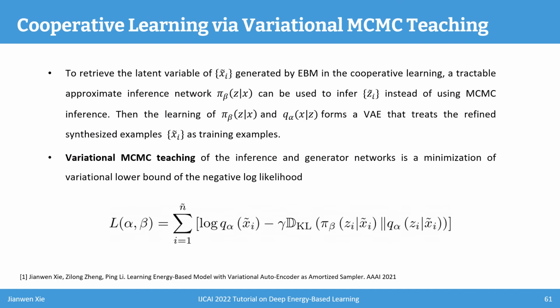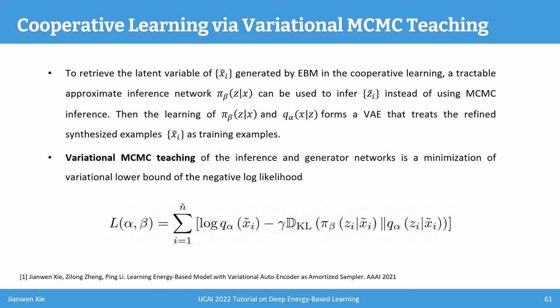In the cooperative learning algorithm, we can learn the generator Q alpha of X by variational inference from the synthesized example X tilde generated by the EBM. To retrieve the latent variables of X tilde, we bring in a tractable approximate inference network pi of z given X with parameters beta for inferring z from X tilde.